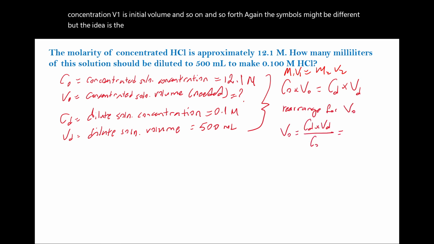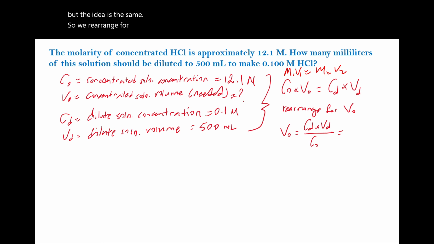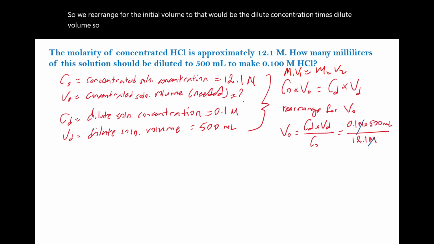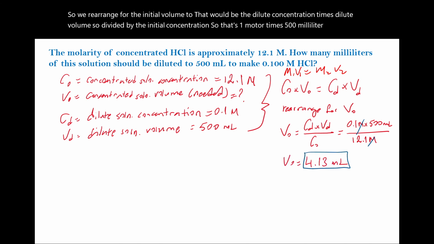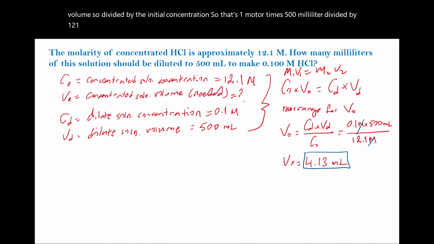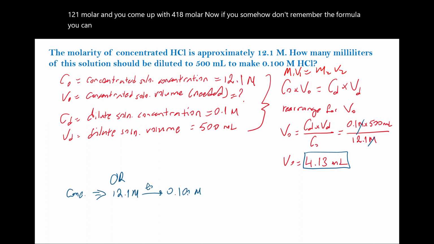So we rearrange for the initial volume: the dilute concentration times dilute volume, divided by the initial concentration. That's 0.1 molar times 500 milliliters divided by 12.1 molar, and you come up with 4.13 milliliters.